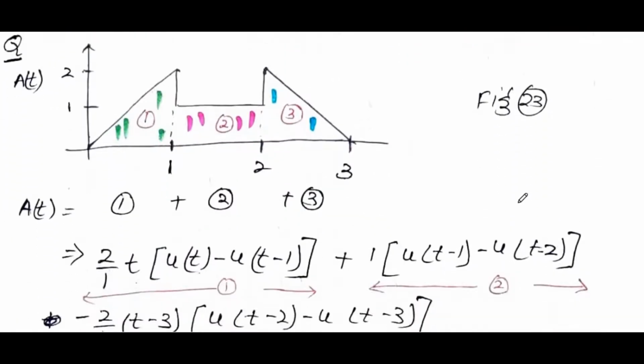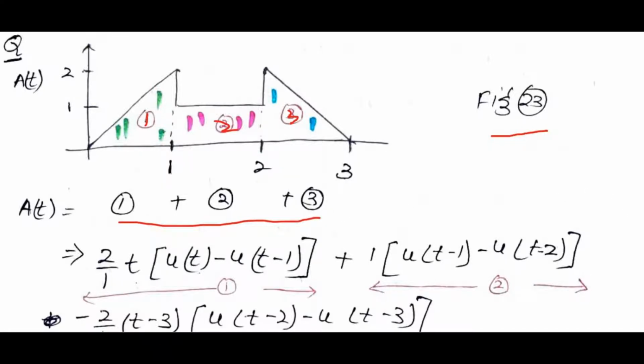Figure number 23. In this figure number 23, as you can see, there are three parts, 1, 2 and 3. So a of t will be the summation of three functions, 1, 2 and 3.